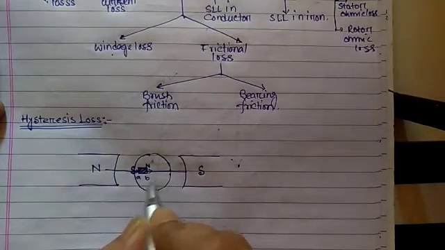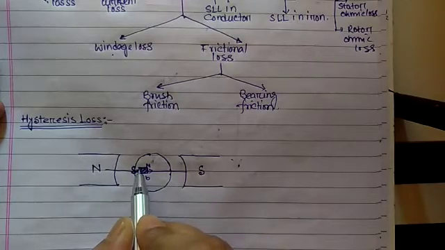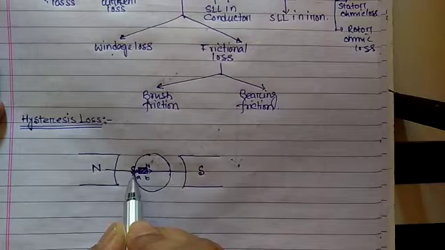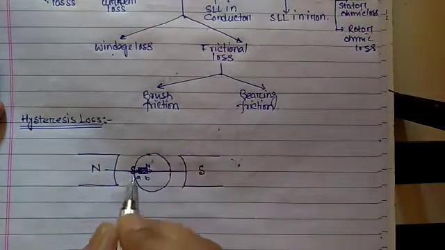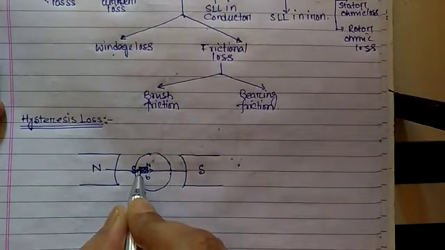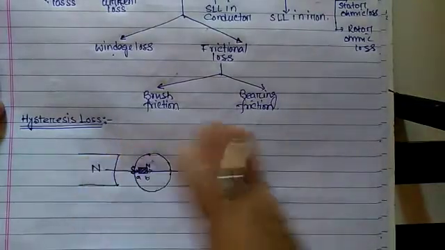Here this one is A, B. The A side should be south pole and the B side should be north pole, as flux enters the A side and leaves from the B side.